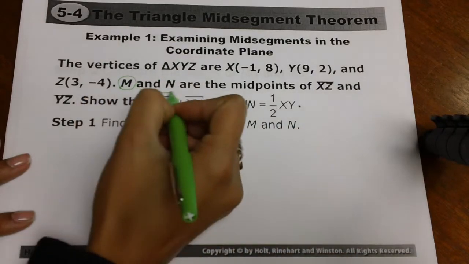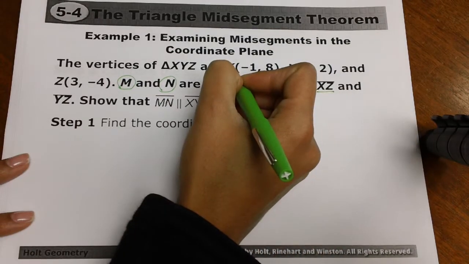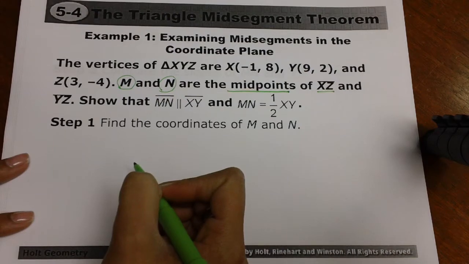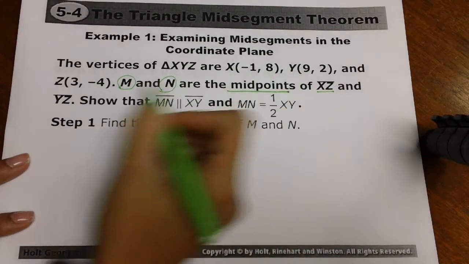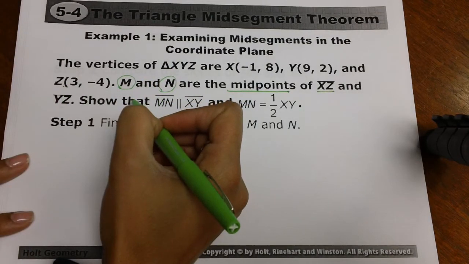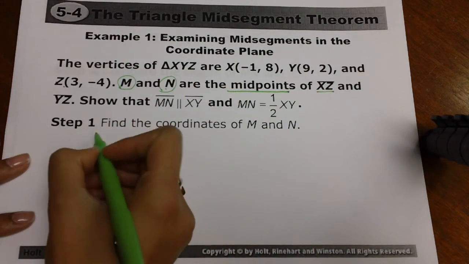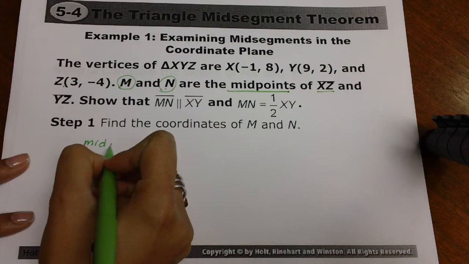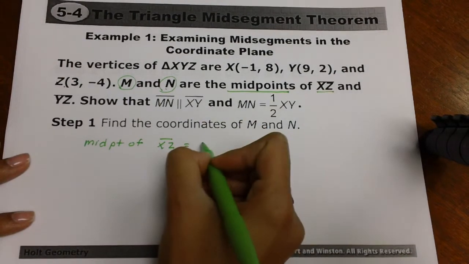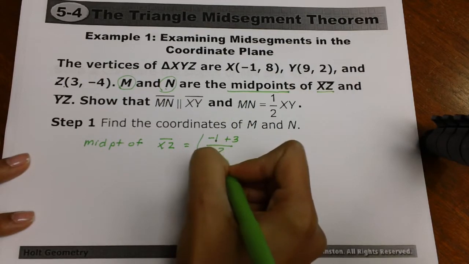They already told us that these two points are the midpoints of XZ and YZ, so I need to find the midpoint of XZ, and I also have to find the midpoint of YZ, which is going to be point N. So first we're finding the midpoint of XZ, which is going to be -1 plus 3 over 2.